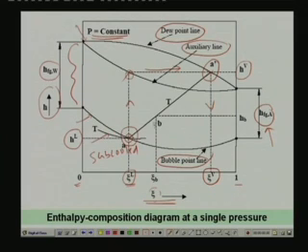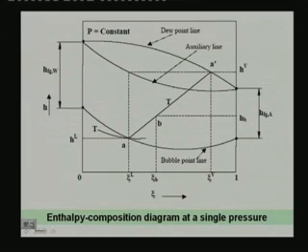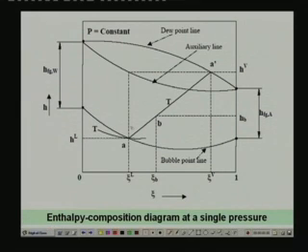And for this pressure, the line joining the saturated liquid point with the saturated vapor point is the isotherm. That means the isotherm T is like this.